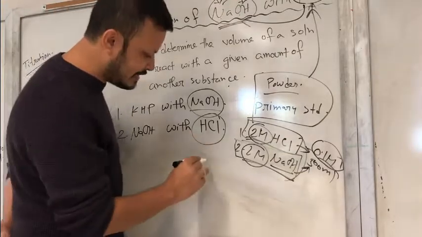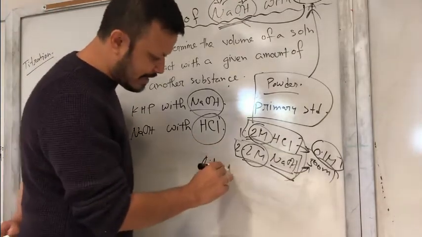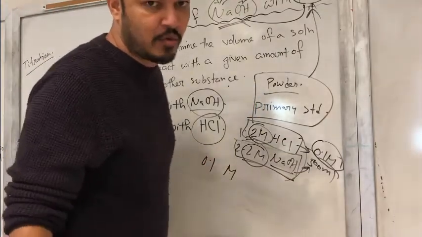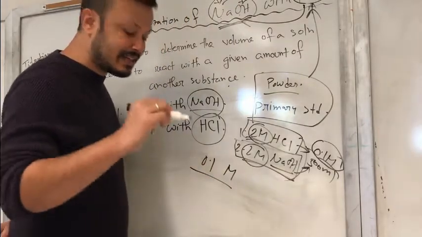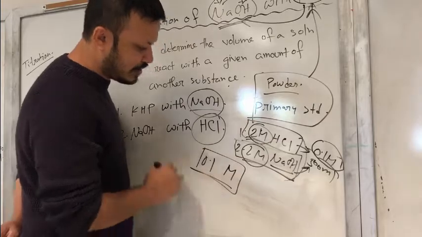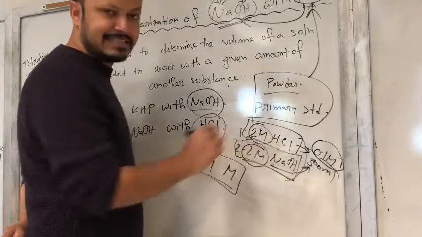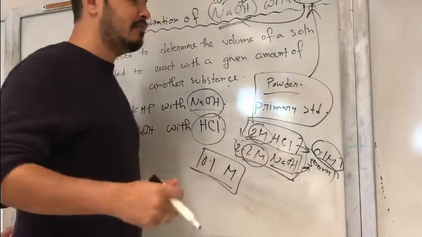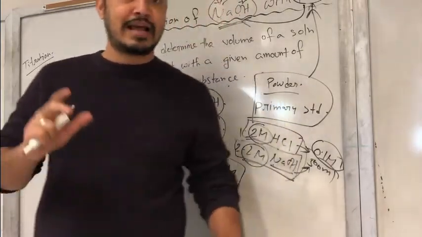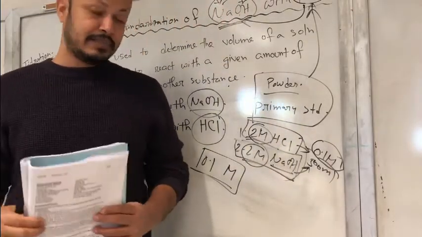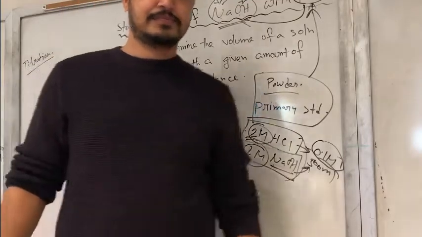We are assuming that it will be 0.1 molar, but it is actually not exactly 0.1 molar. You have to find out the exact concentration of this sodium hydroxide and HCl. Clear? Now I am going to show you how to do that, that means the experimental procedure as well as the calculation.